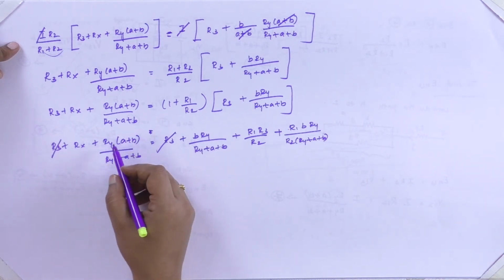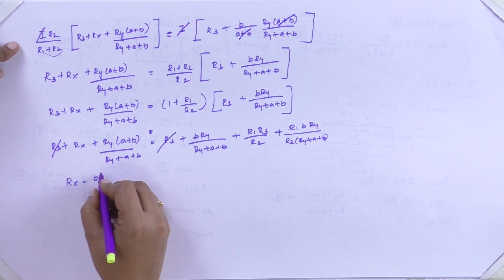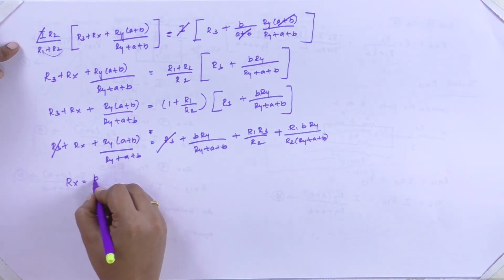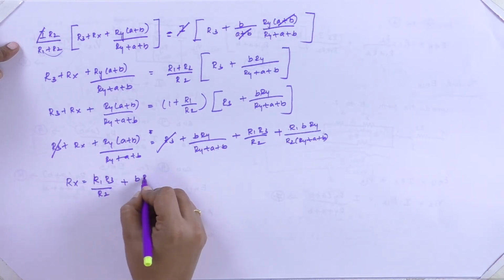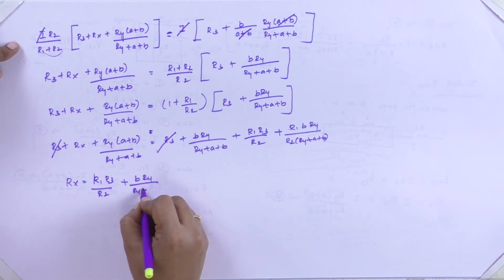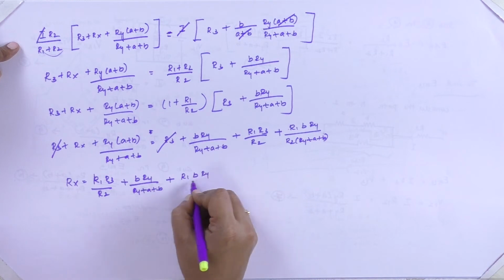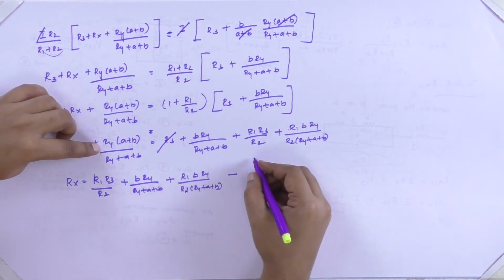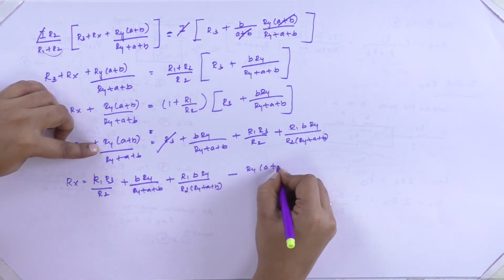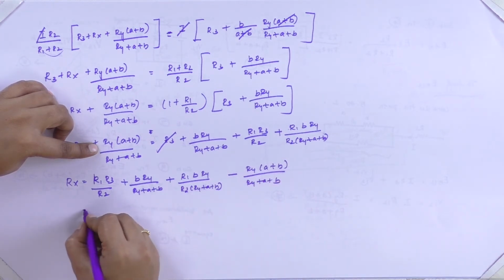So I am going to move this term to the right hand side. So I will get Rx equal to R1 R3 by R2 plus B Ry divided by Ry plus A plus B plus R1 B Ry divided by R2 into Ry plus A plus B minus this term Ry into A plus B divided by Ry plus A plus B.